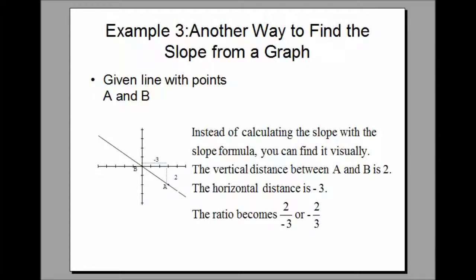As we go to the left from A to B, we go to the left 3 units. Because the leftward direction is considered the negative direction, we would call that distance -3, and our slope would become 2 over -3, or just -2/3. That method is often much easier than substituting into the slope formula.